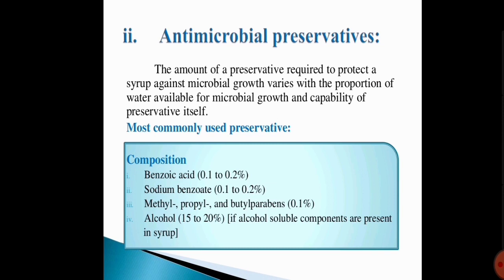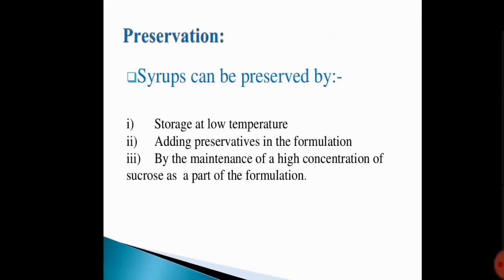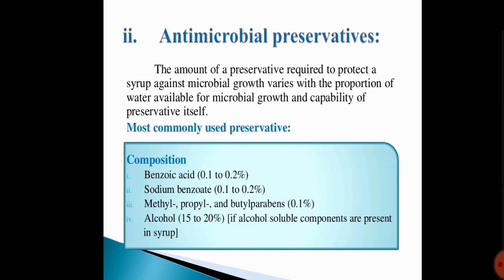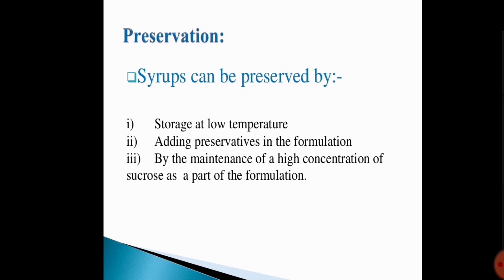Then the most commonly used preservatives are benzoic acid, sodium benzoate, methyl, propyl and butyl parabens, and alcohol. Alcohol is also an antimicrobial preservative. Preservation: syrups can be preserved at low temperature, by adding preservatives, which is a very important step, and by maintaining a high concentration of sucrose as part of the formulation.